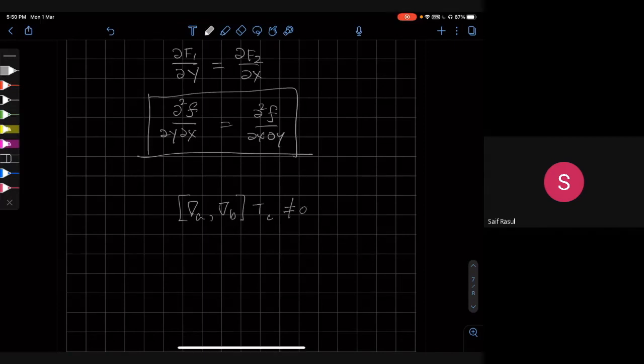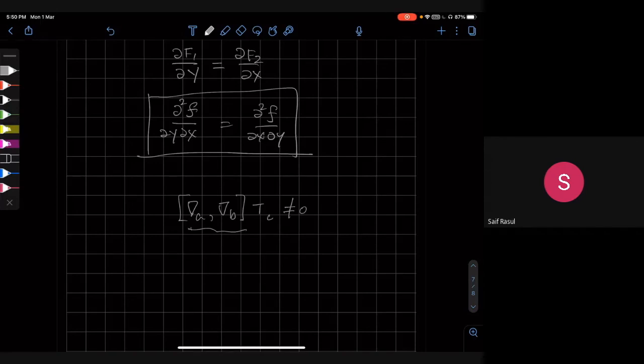Even for flat space-time, this is not zero. Hang on, do I want to say that? No, for flat space that is zero. Yeah.